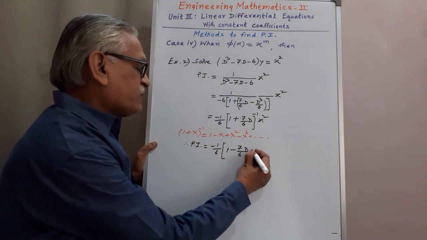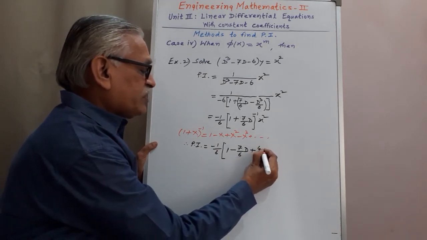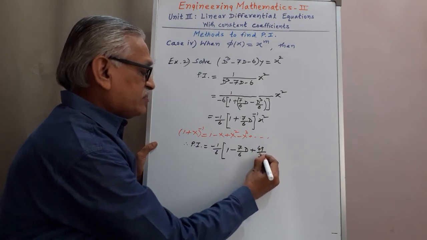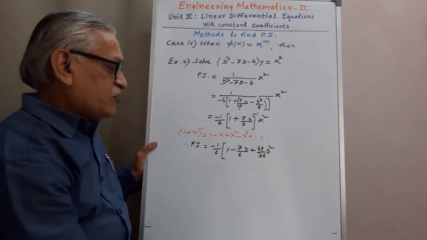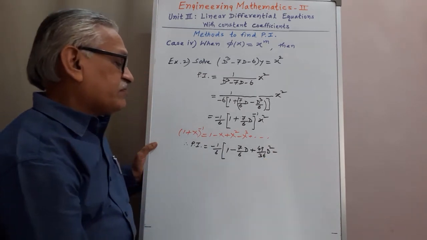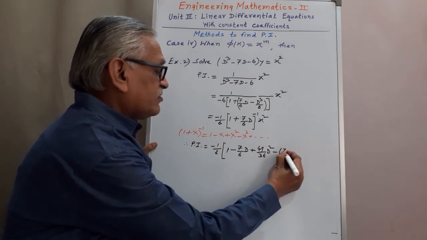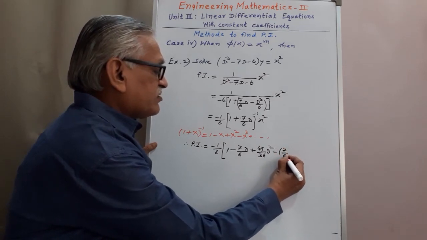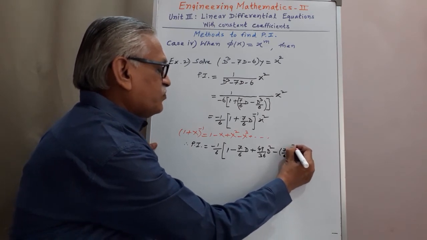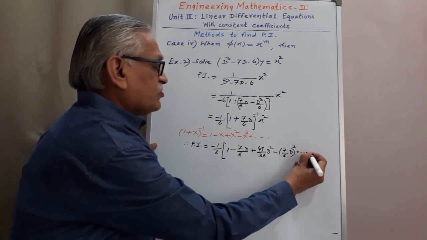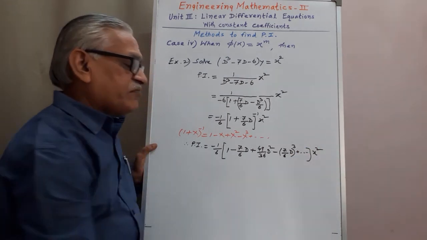then plus square of it. Therefore, square of it means it is 49 by 36 D square, then cube of it minus 7 by 6 times D and its cube, and so on, which we have to operate on x square.